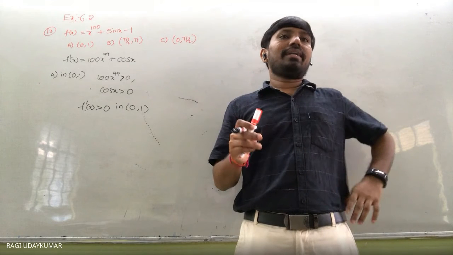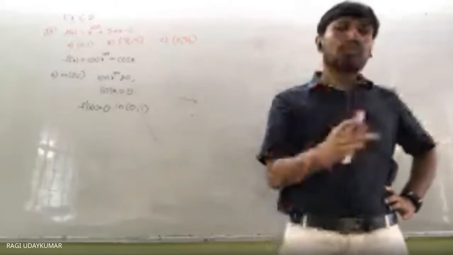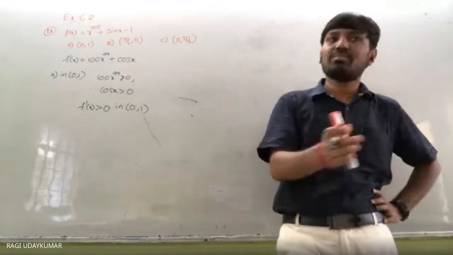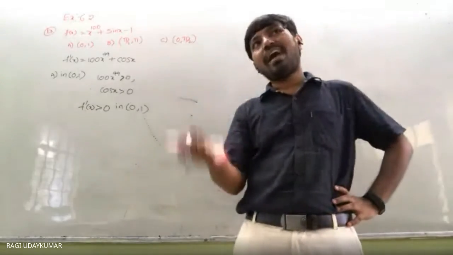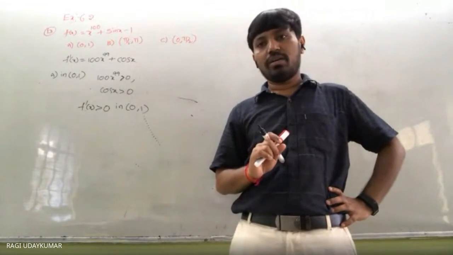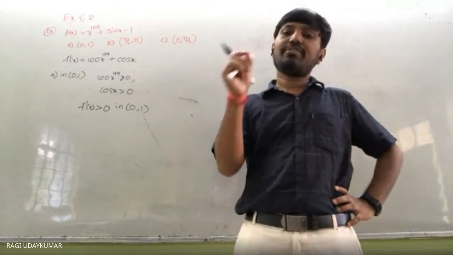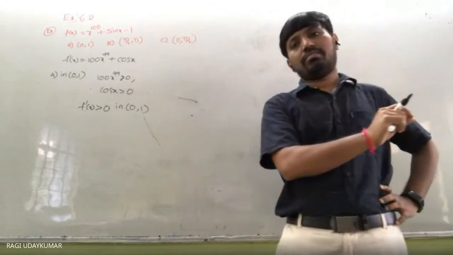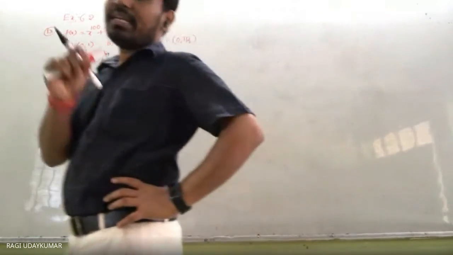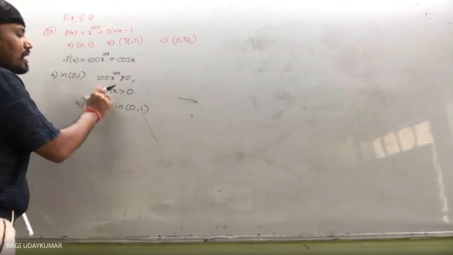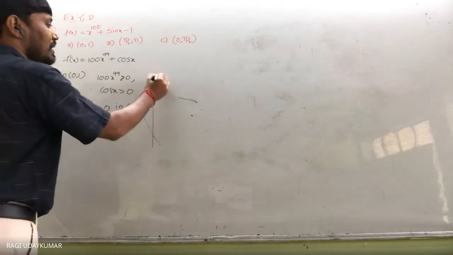The first quadrant extends up to pi by 2, which is half of 3.14, about 1.57. So from 0 to 1.57 the cos value is positive because it is in the first quadrant. Therefore both are positive, the sum of both is positive, so it is positive.